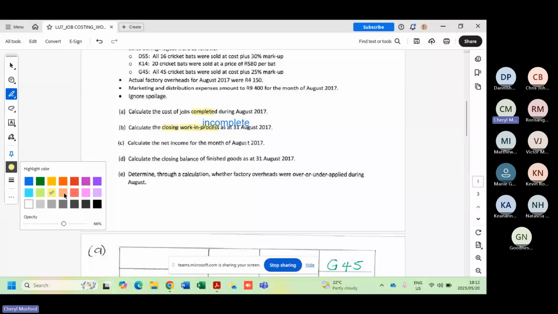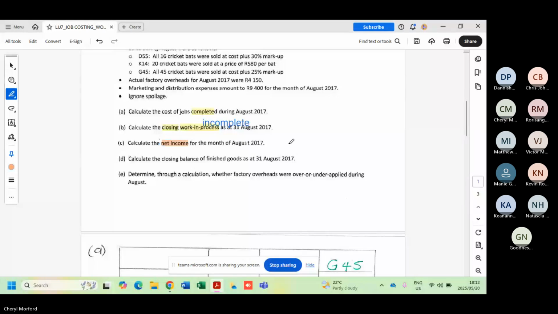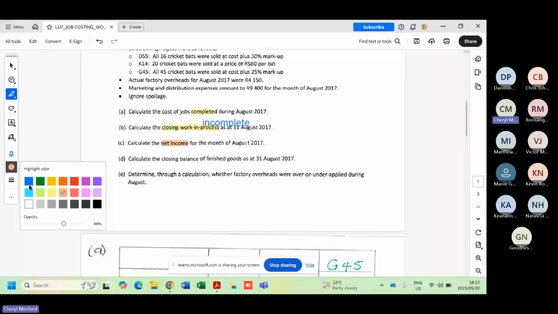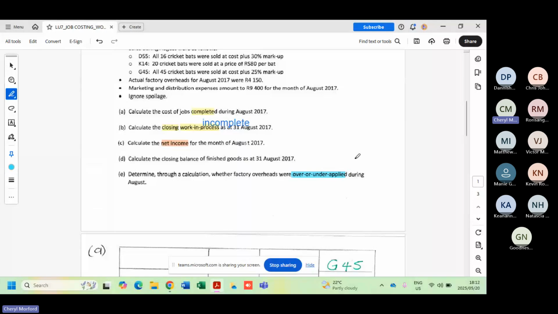This is a nice one. Net income. We could also be asked to do the closing balance of finished goods, and then a typical one at the end.